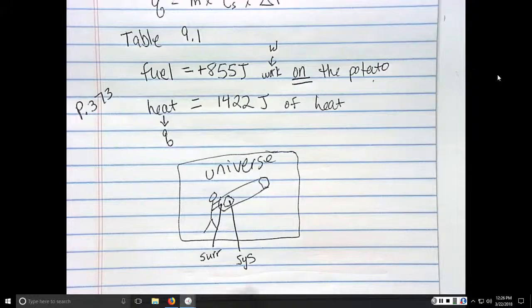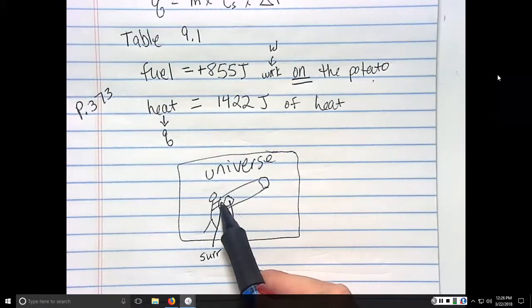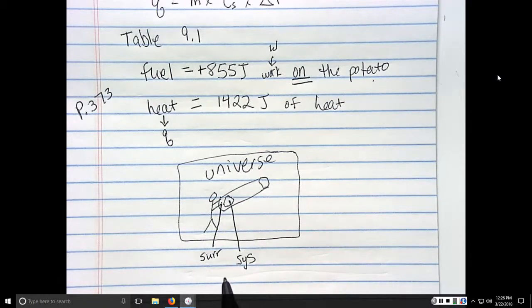Okay? So if heat is put into this potato, the amount of heat lost by the fuel is gained by the potato. It's equal numbers. And just like we said, remember we talked about bond energy, the amount of energy it takes to break a bond is the same amount of energy it takes to form that bond. Same concept.